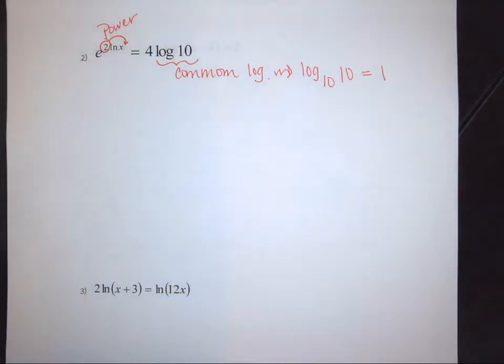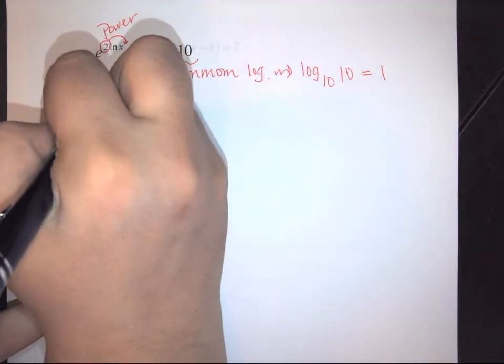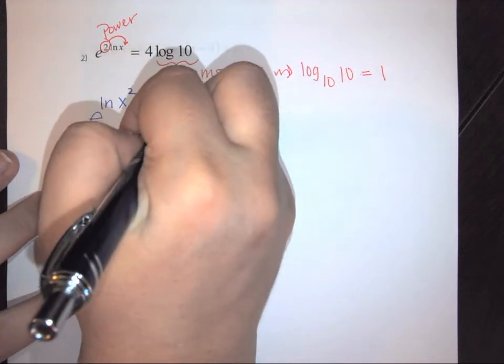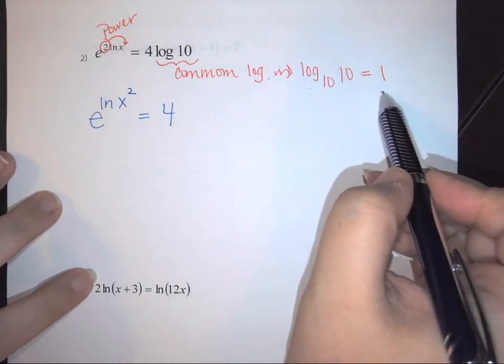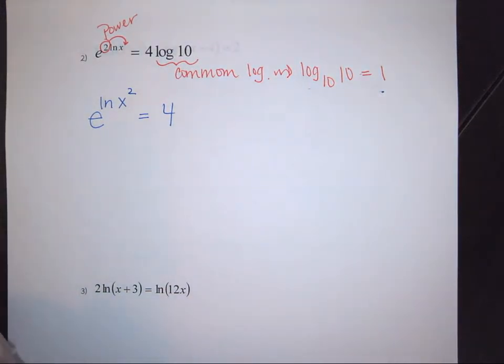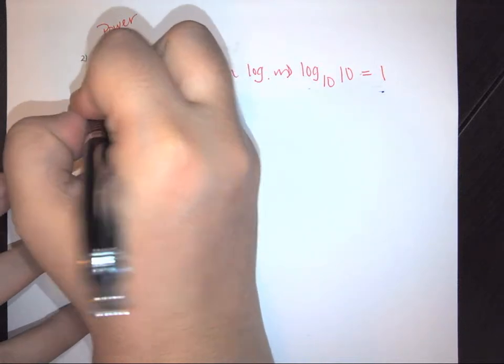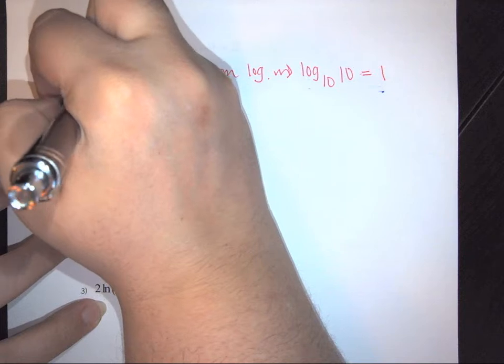So here we have to look at what's left. Well, this becomes e to the natural log of x squared is equal to 4. Because of this little rule right here, that log base 10 goes away and leaves just the 4 behind. Now, the other thing that we have is that my natural log and my e are going to undo each other.